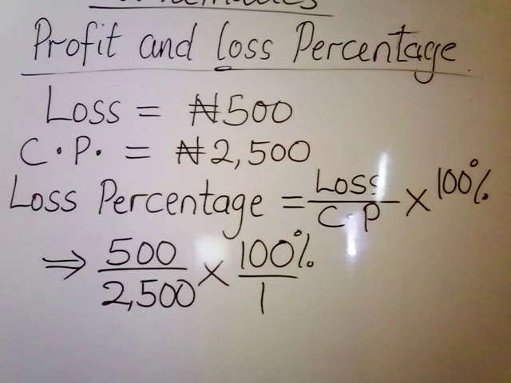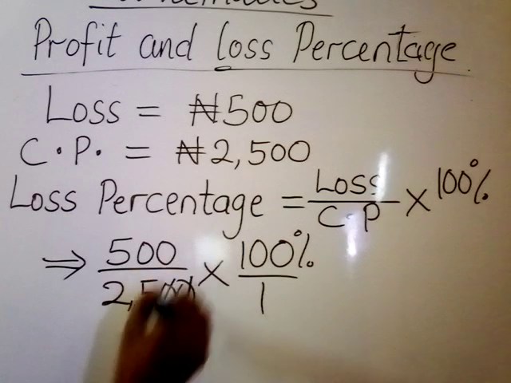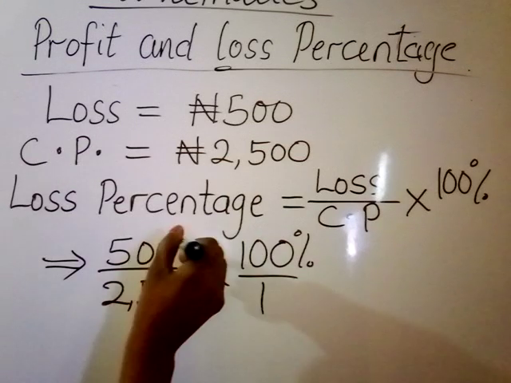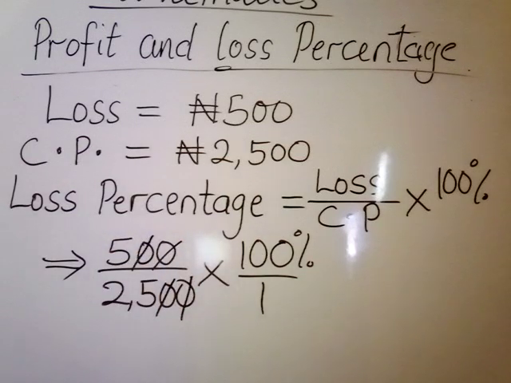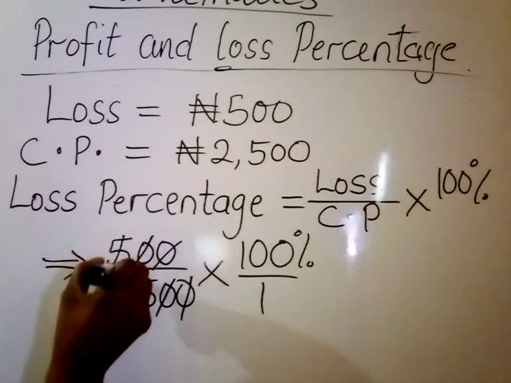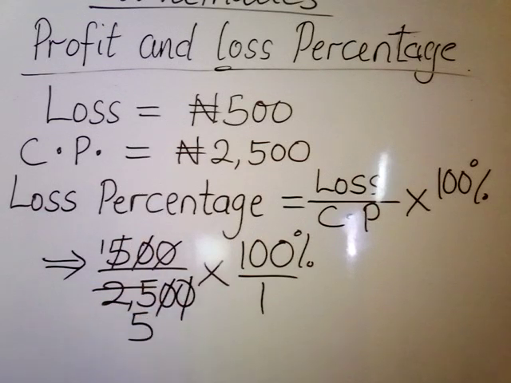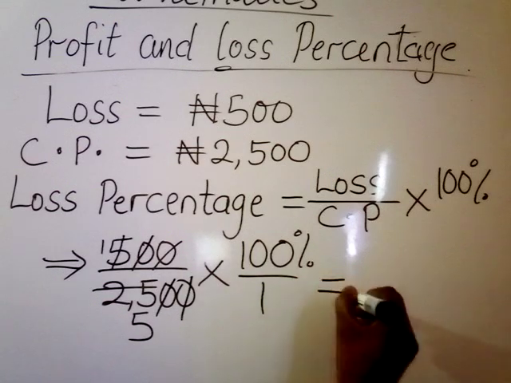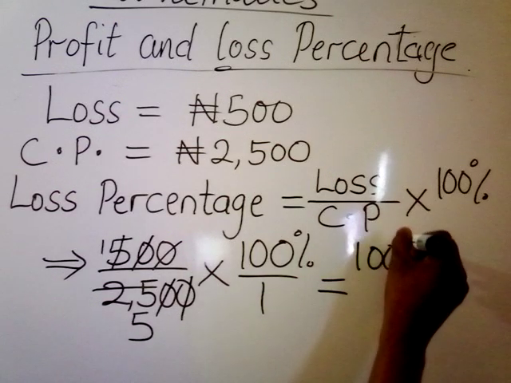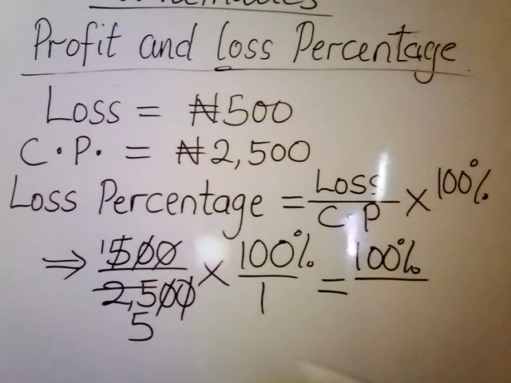So let's do a division. The two zeros cancel out, the zeros above. So we are left with 5 divides 5, that's 1. 5 divides 25, that gives us 5. So what do we have here? We have 100% divided by 5.